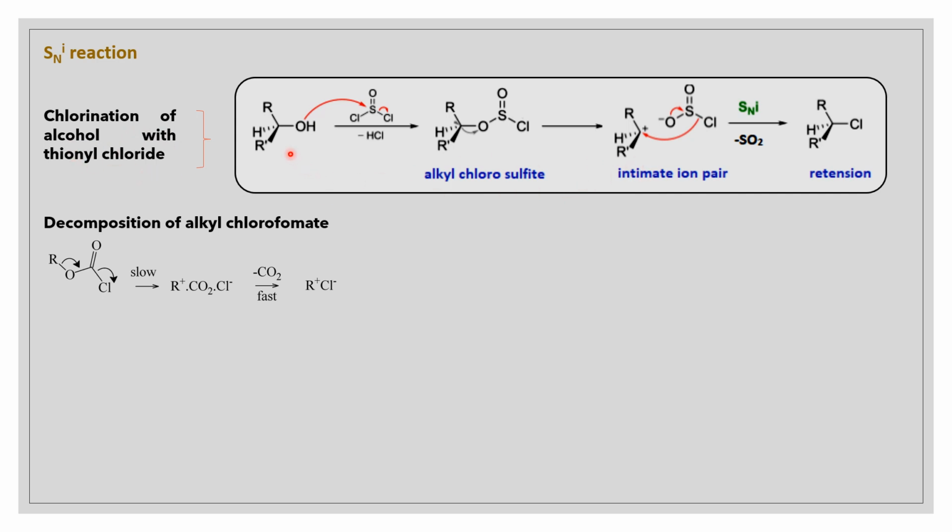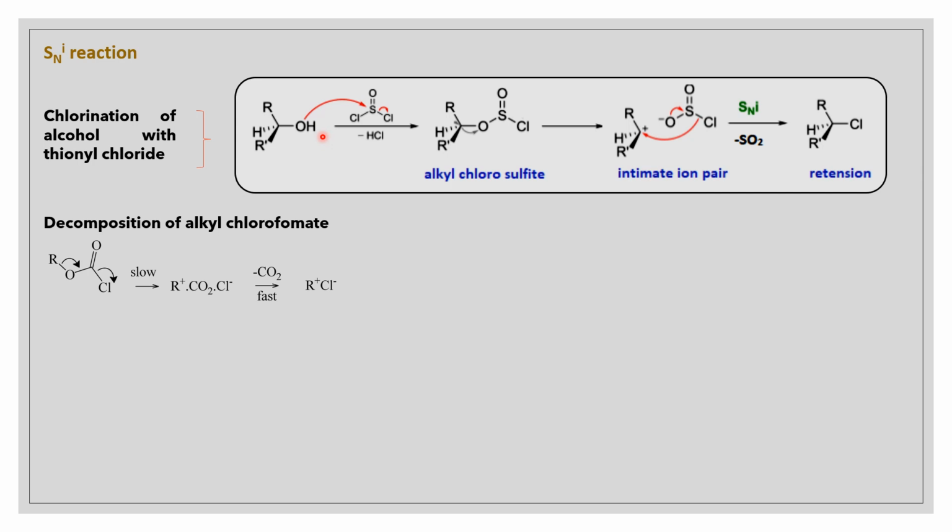So when you want to substitute this OH with a chlorine, you can go for the reagent known as thionyl chloride, which is SOCl2, and it has the advantage that the byproducts are gases, so the recovery of the product is very easy when you use this type of reagent. You can also use some other compounds like PCl3, PCl5, etc.